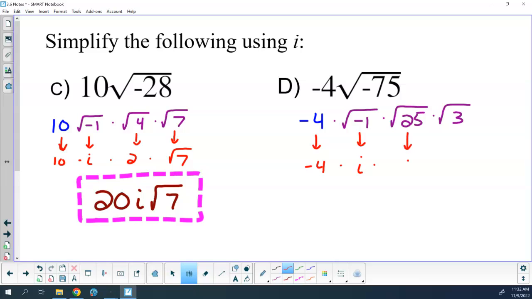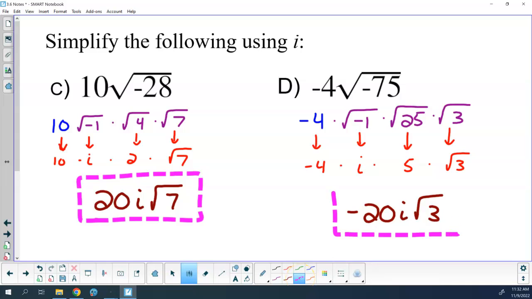Square root of 25 is 5. And the square root of 3 is the square root of 3. So then this becomes negative 20i times the square root of 3. Agree?